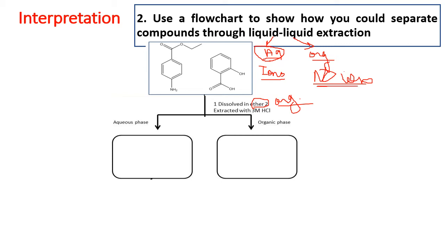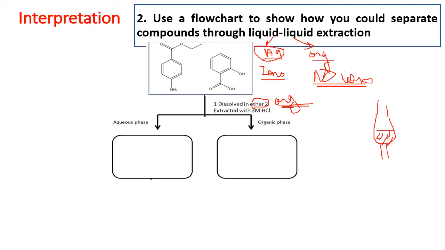We have no ions. Therefore, both compounds will first dissolve in the organic layer. So if I have here the separating funnel and I just dissolved my compounds within the organic layer, then I will have here the ether having the two compounds.